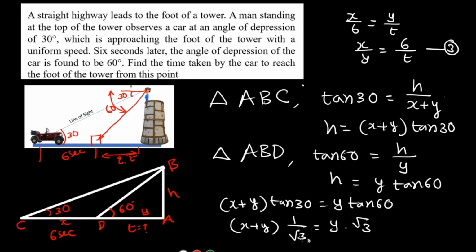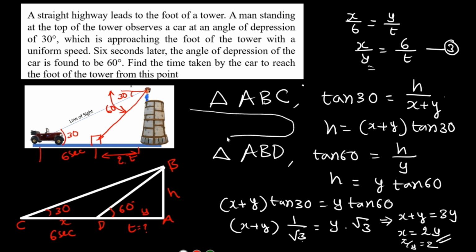If you take this root 3 to the other side, the equation becomes X plus Y equals root 3 into root 3, which is 3, times Y, so 3Y. Sending Y to the other side, X equals 3Y minus Y, which is 2Y. So X by Y equals 2. Now X by Y is equal to 6 by T, and X by Y is 2, so 2 equals 6 by T. From this, T equals 6 by 2, which is 3.